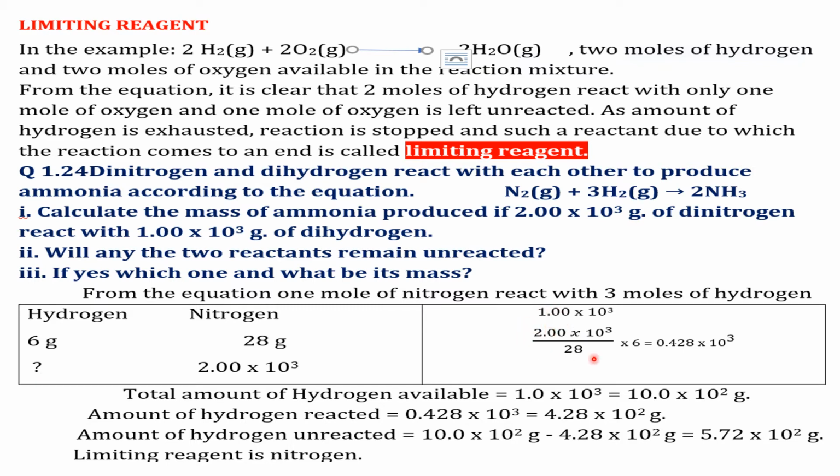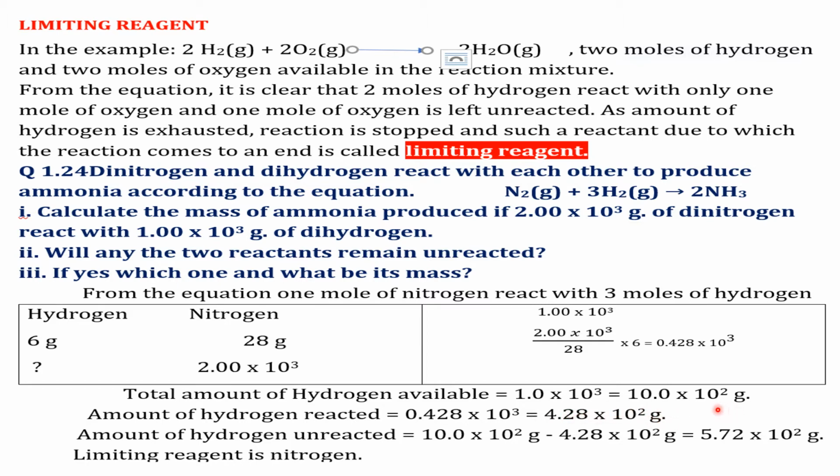From calculations, we get the mass of hydrogen reacted with the given amount of nitrogen is 0.428 into 10 power 3 grams.